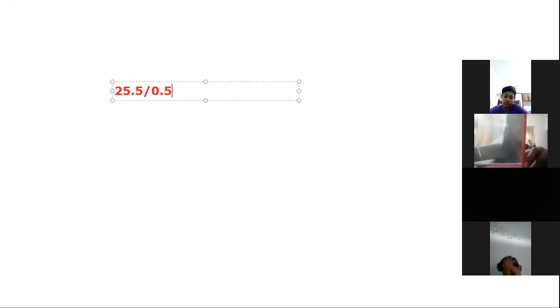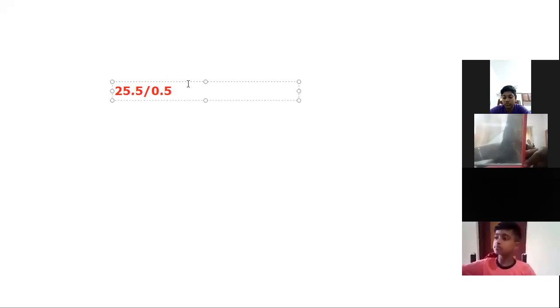So in this case, the number of digits after the decimal point is the same in both. So we can do it as 255 divided by 5 itself. How will you change this 25.5 divided by 0.5 to 255 divided by 5? Remove the decimal point. Okay, we have removed the decimal point.